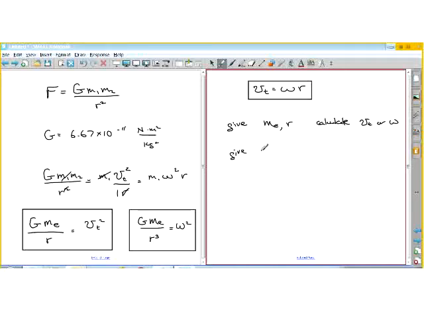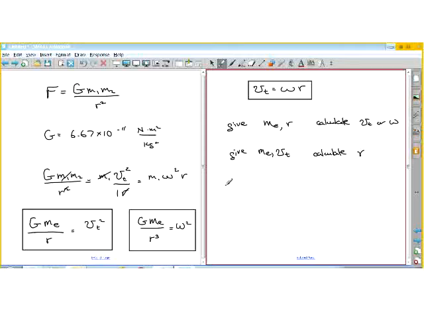I could give you the mass and the velocity, and you could calculate r. Again, G is always 6.67 times 10 to the negative 11th. So if I give you the mass of what it's rotating around and the tangential velocity, then you can calculate r.